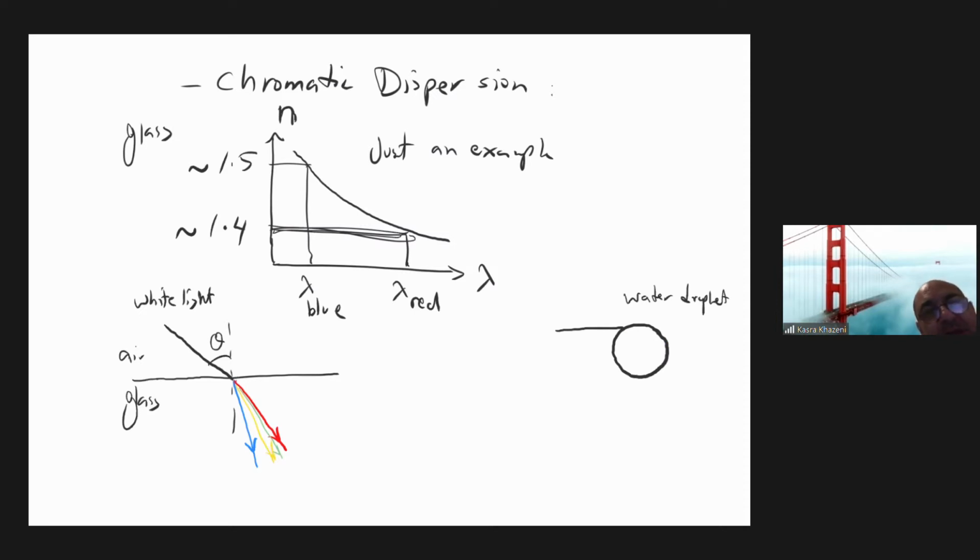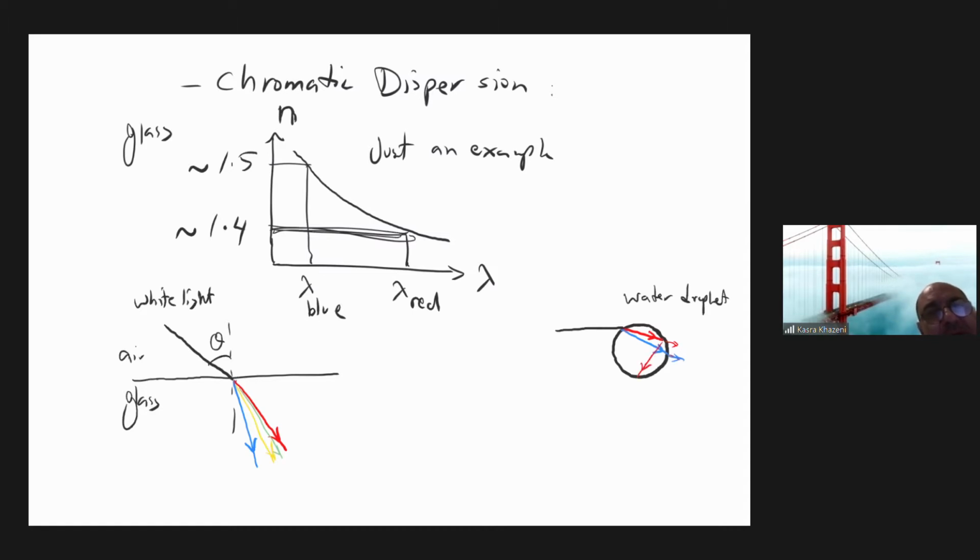The red gets bent less, the blue gets bent more. Some of it leaks out, but we don't care about that. There's an internal reflection also for each of these.